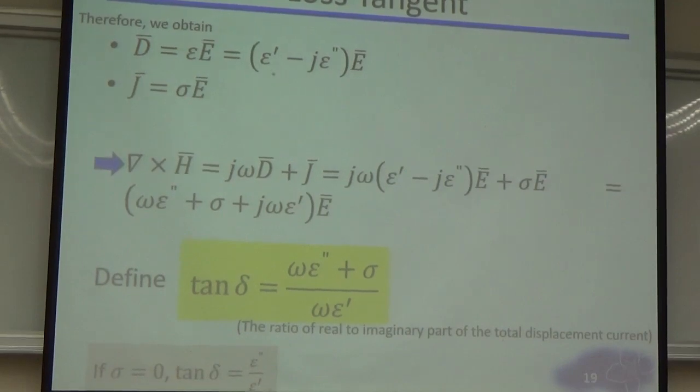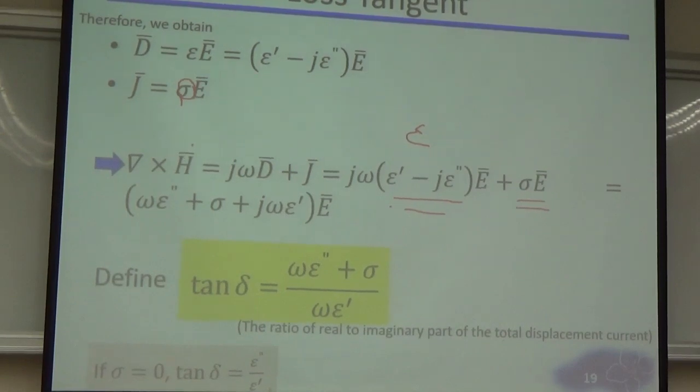So this is your epsilon, and because it is not just a pure conductor, your conductivity is not 0, so you have one more extra term.